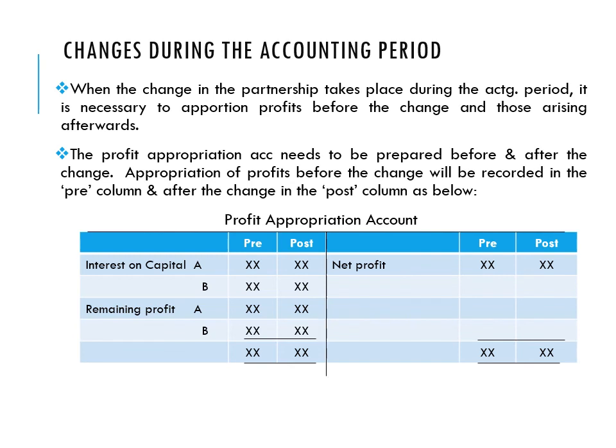So in your profit appropriation accounts, you need to prepare the before and after the change. How do you prepare that? In your profit appropriation accounts, you will have the pre columns and the post columns. The pre columns would be before the change and the post columns would be after the change. So you will have to apportion the transactions according to the pre and the post periods.